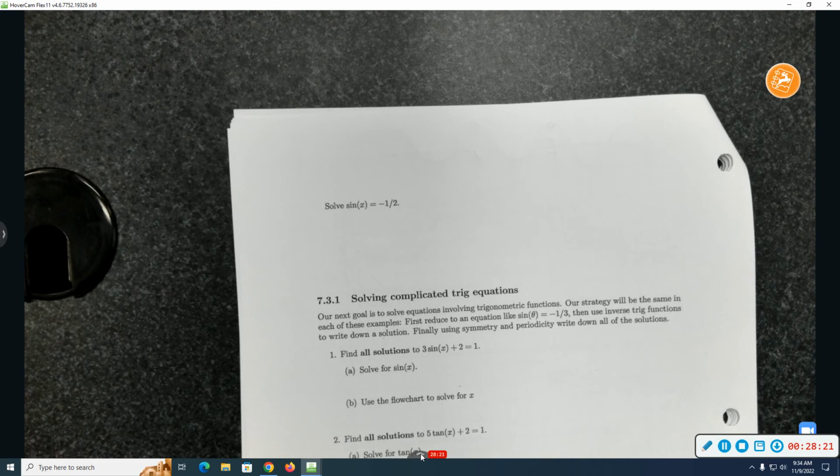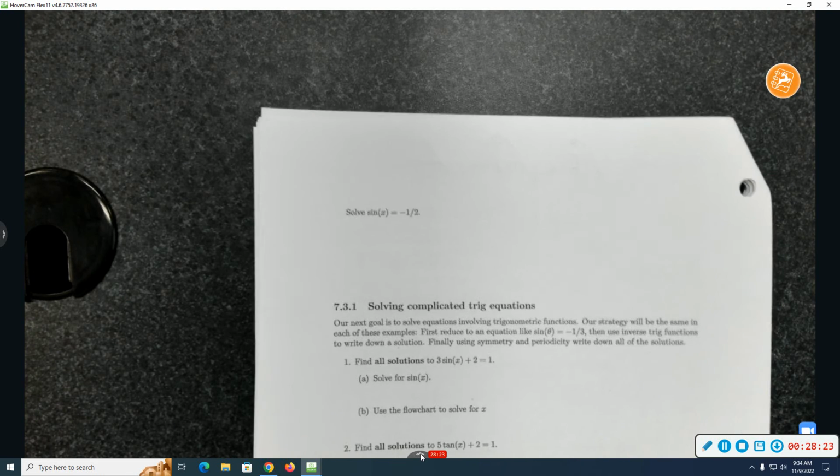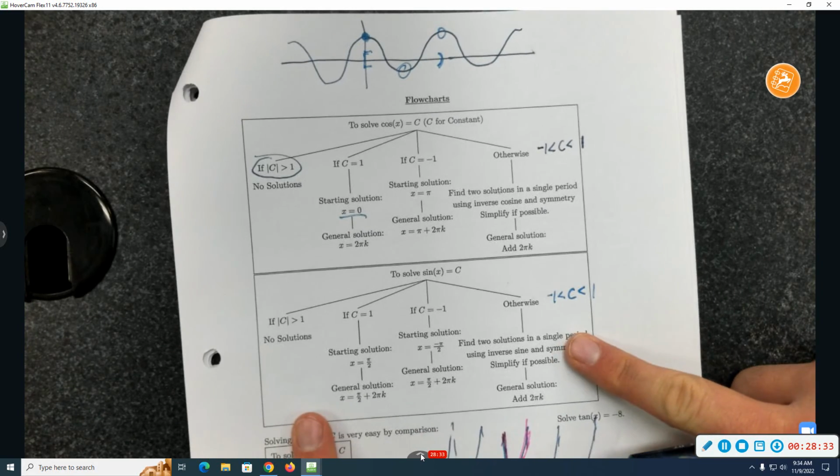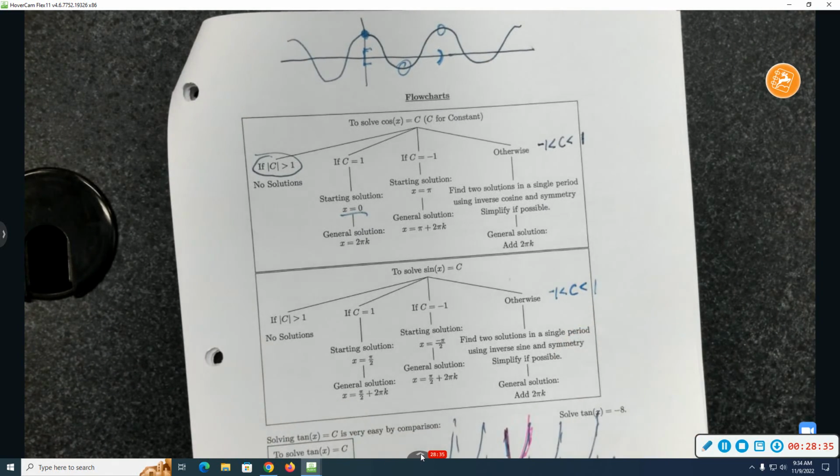And in the interest of people wanting to see that flowchart still up, I'll flip to the previous page. There's a flowchart to follow projected on the screen now. Use that to solve sine of x equals negative 1/2.